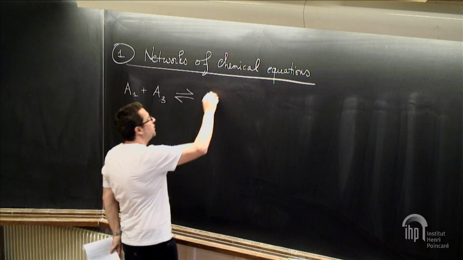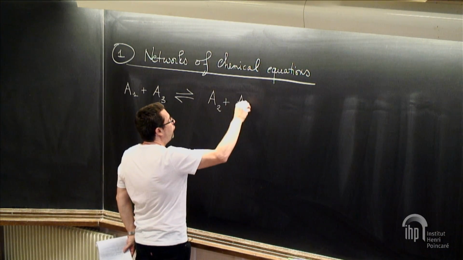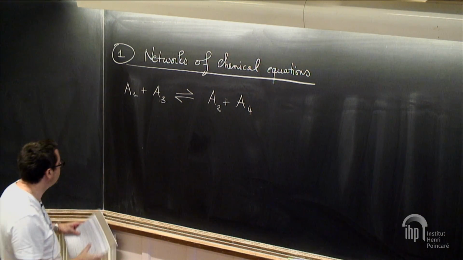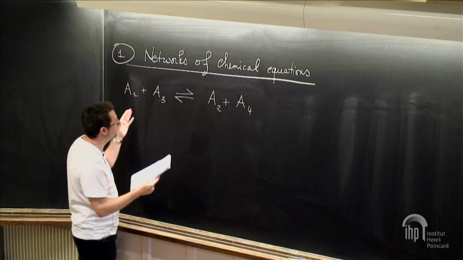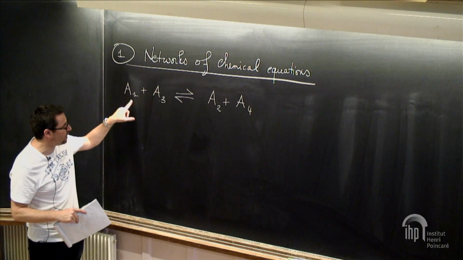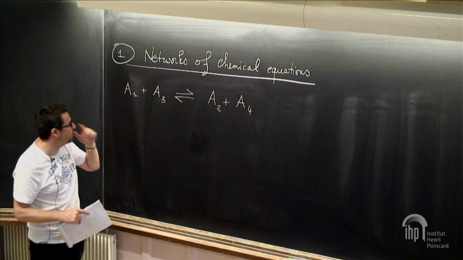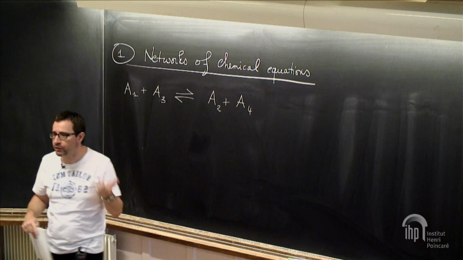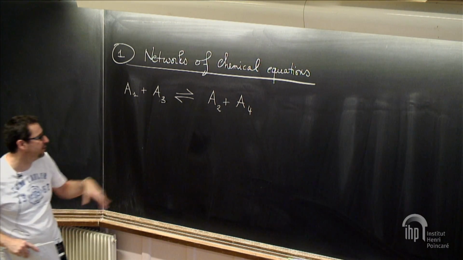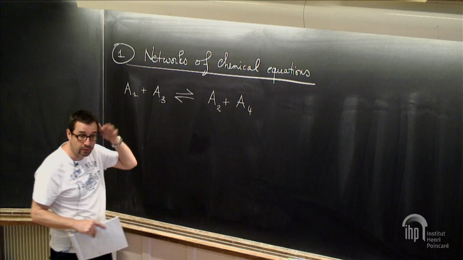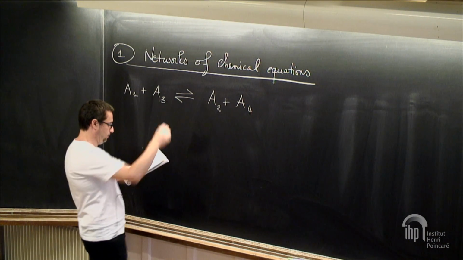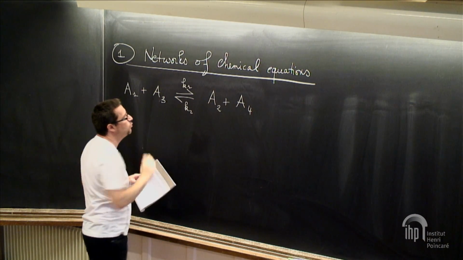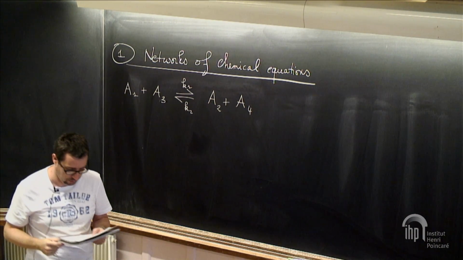It is when you have a situation in which you have 4 species which are different, called A1, A2, A3, and A4. And you suppose that you have a reaction which transforms A1 and A3 in A2 and A4. And you also suppose that this reaction is reversible in such a way that you can have also the backwards reaction. And those 2 reactions have rates which are called K1 and K2.